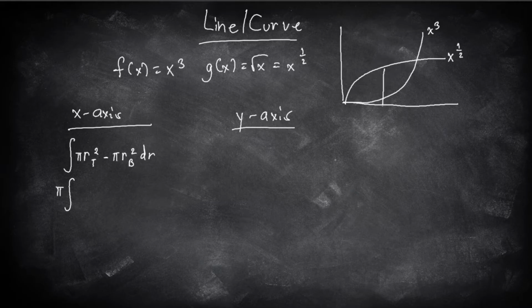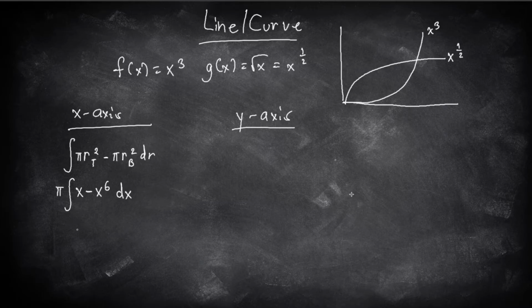That's our radius, as drawn here. So (x to the power 1/2) squared is x, minus, now the bottom one is x squared. (x squared) squared is x to the power 4. And now it's with respect to x.